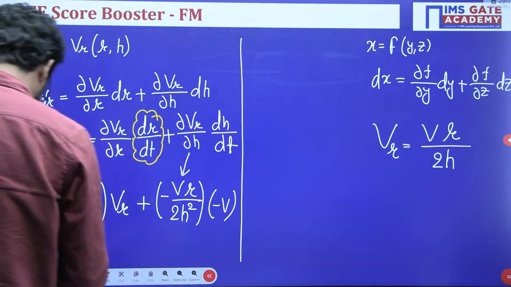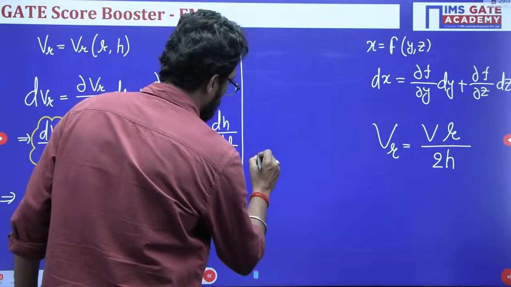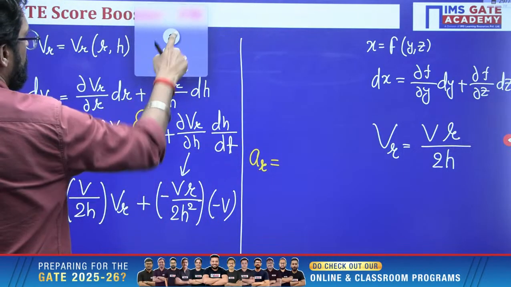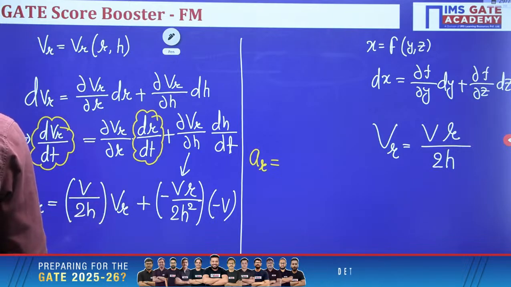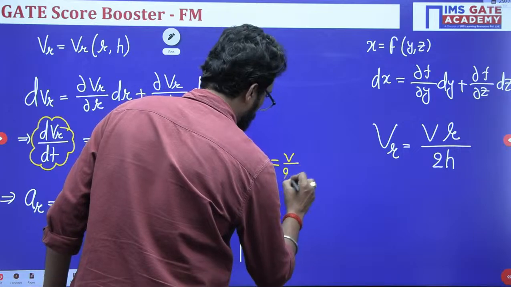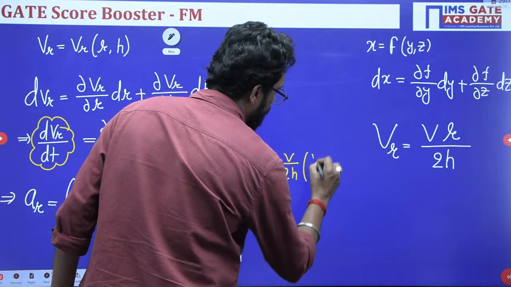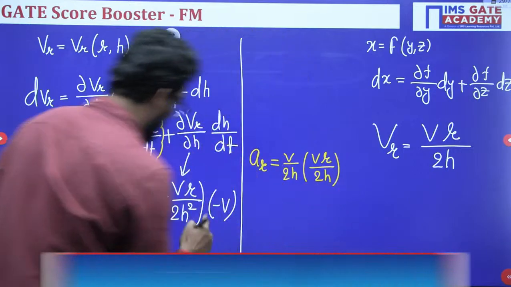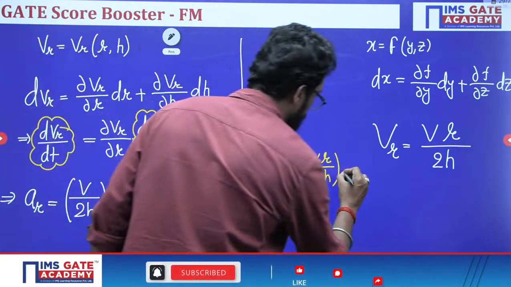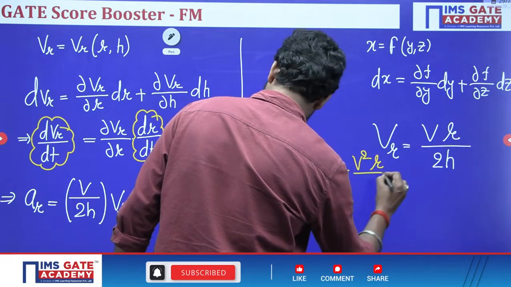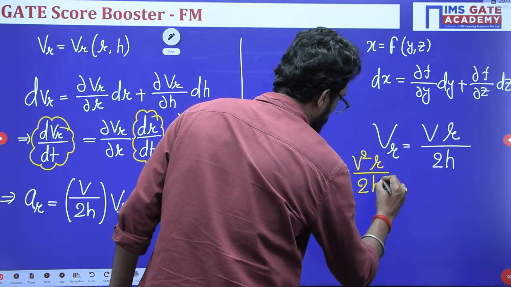Now my dear, then readjust. So ar, radial acceleration. Now my dear, see, v by 2h, and vr is equal to v into r divided by 2h, and this is minus minus plus v square r by 2h square.